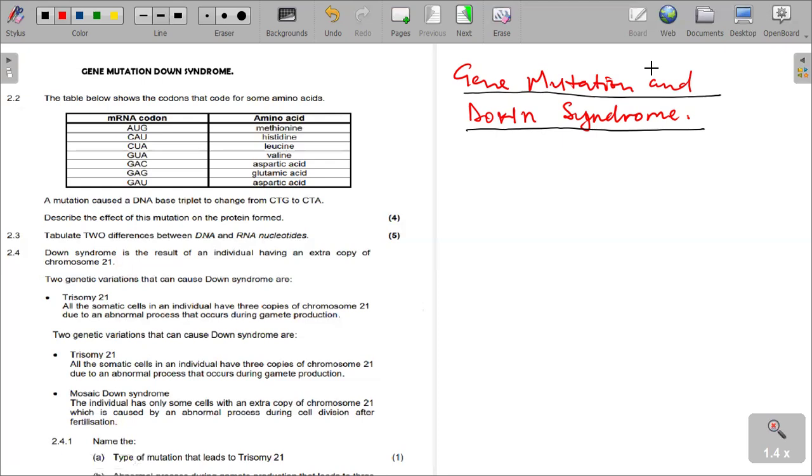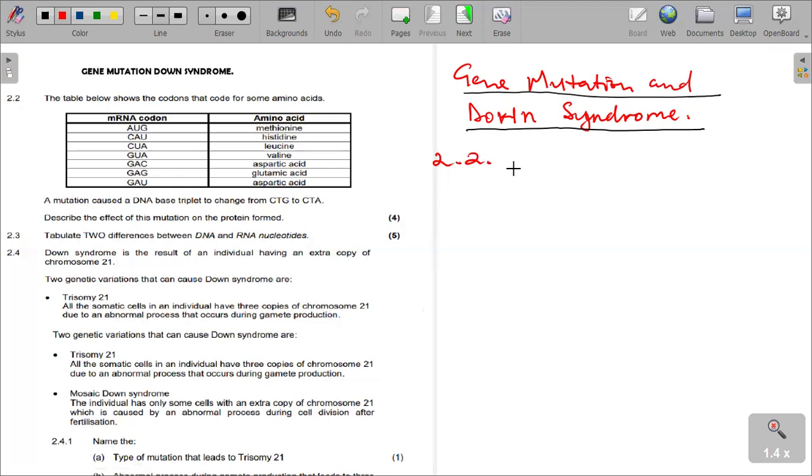The question says a mutation caused a DNA-based triplet to change from CTG to CTA, and then describe the effect of this mutation on the protein to be formed. This is question 2.2.